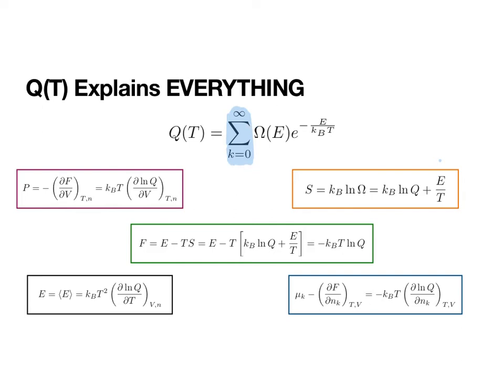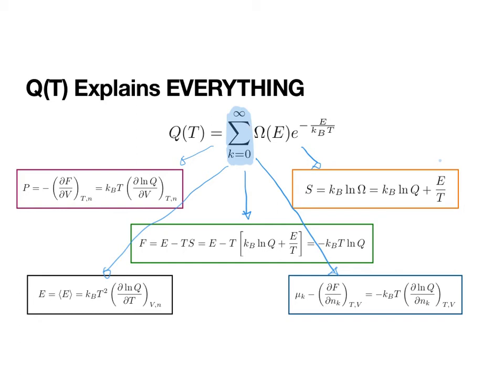We can start with Q of T and go to pressure. We have started with Q of T and gotten to entropy. We can go to the Helmholtz energy. We can go to the internal energy, and we can go to this chemical potential.